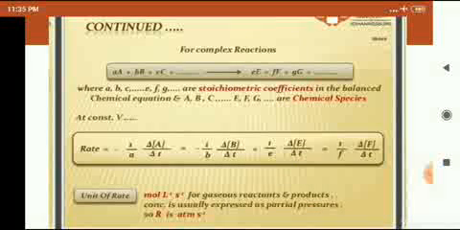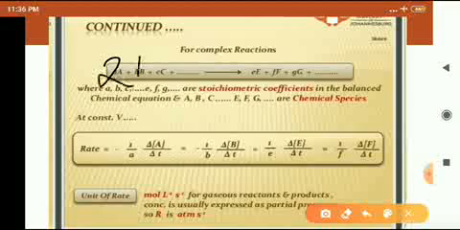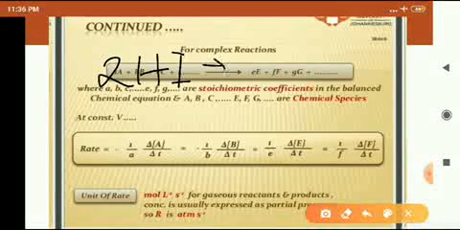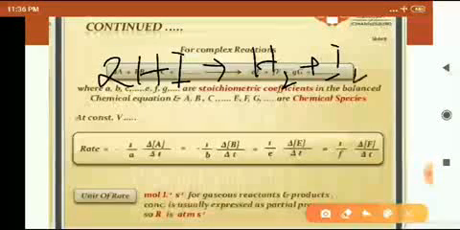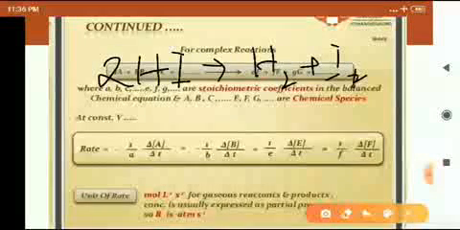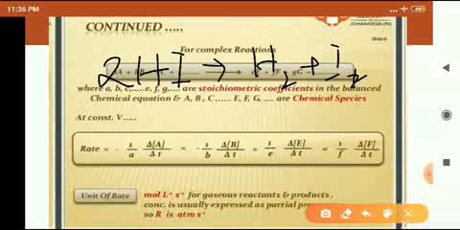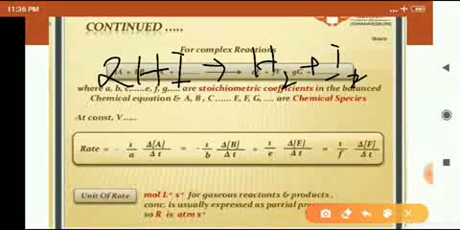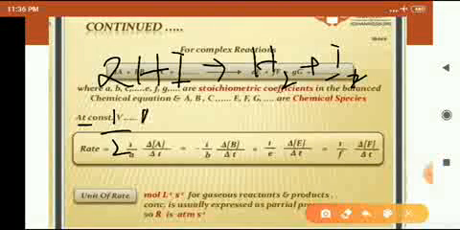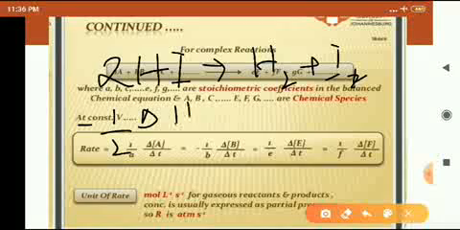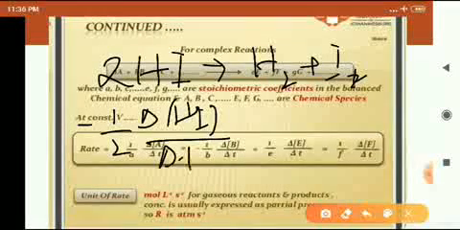Let's take another example. For example, we write 2 HI, hydrogen iodide, which gives H2 plus I2. Here the stoichiometric coefficient of reactants as well as products is quite different. For this, we can write average rate of the reaction as minus 1 by 2 change in concentration of HI divided by change in time.